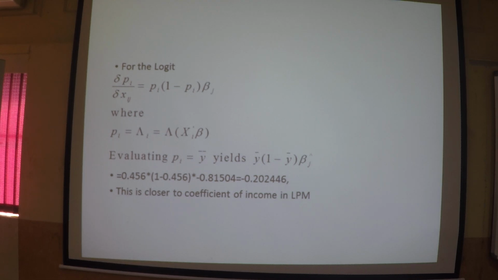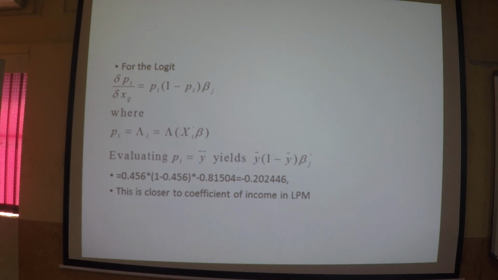So now, if you have an estimate for pi, how will you estimate pi from the data? See, if you have data and 30 people out of 100 are working, you would say pi is 0.3.